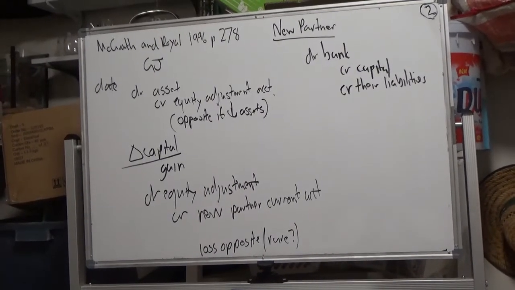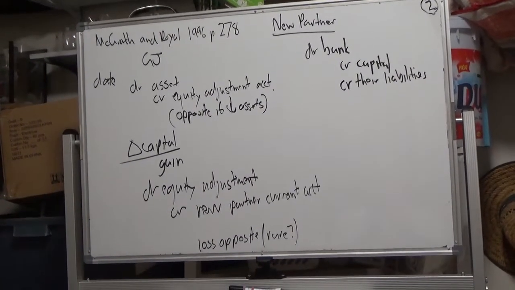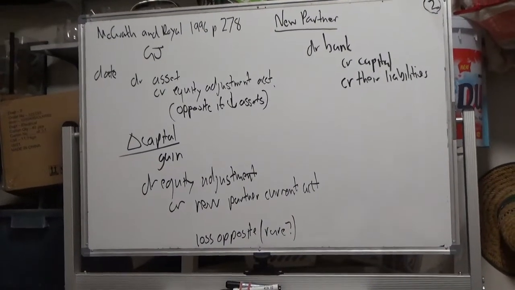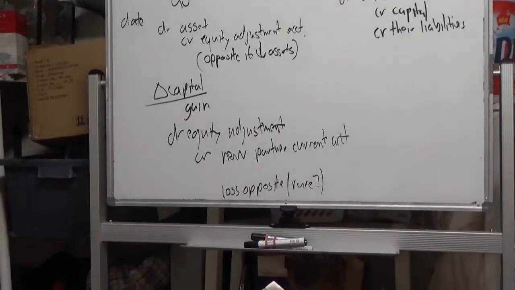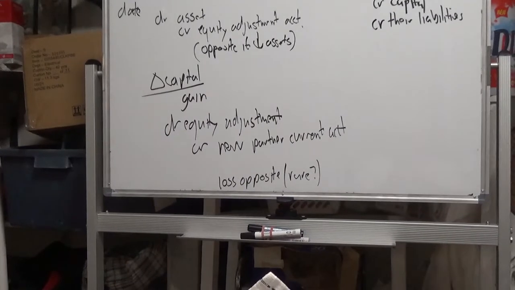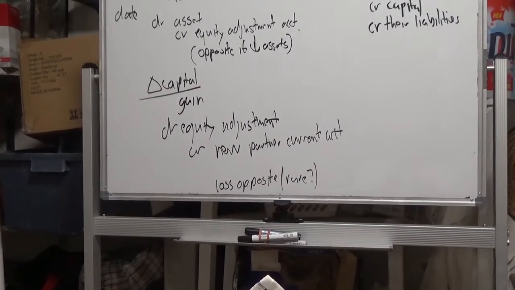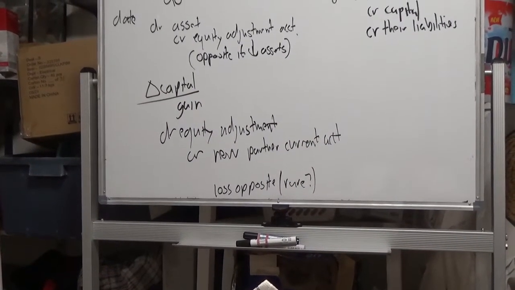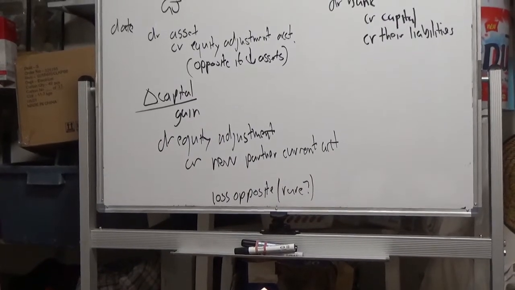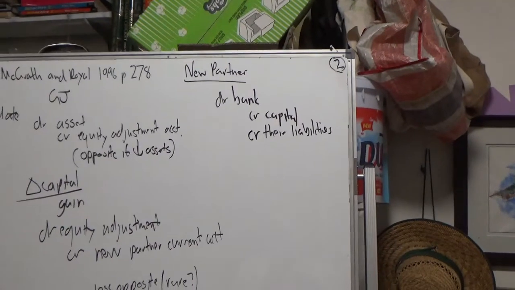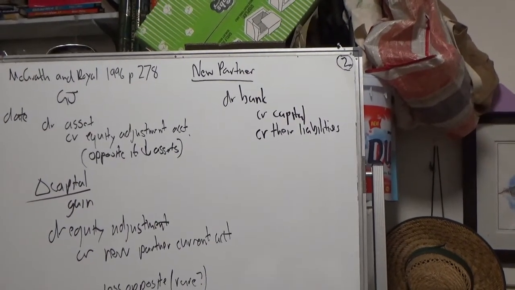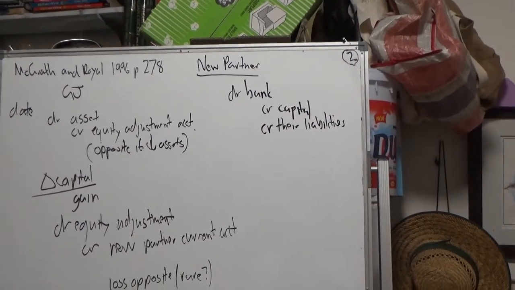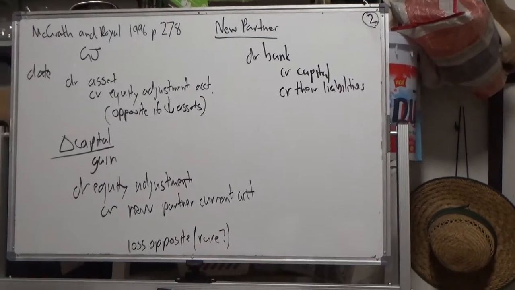If assets are increased, do the opposite if assets are lowered. The change in capital gain, you debit equity adjustment and credit the new partner current account, okay, for that amount of the gain of assets. And the new partner, an easy one, debit bank and credit capital. And of course you have to credit their liabilities as well. So that's that.